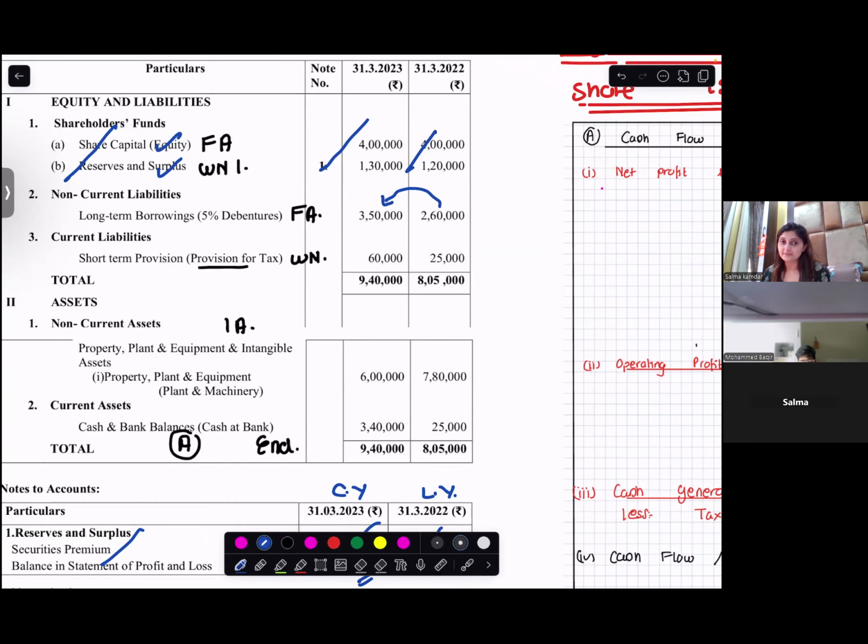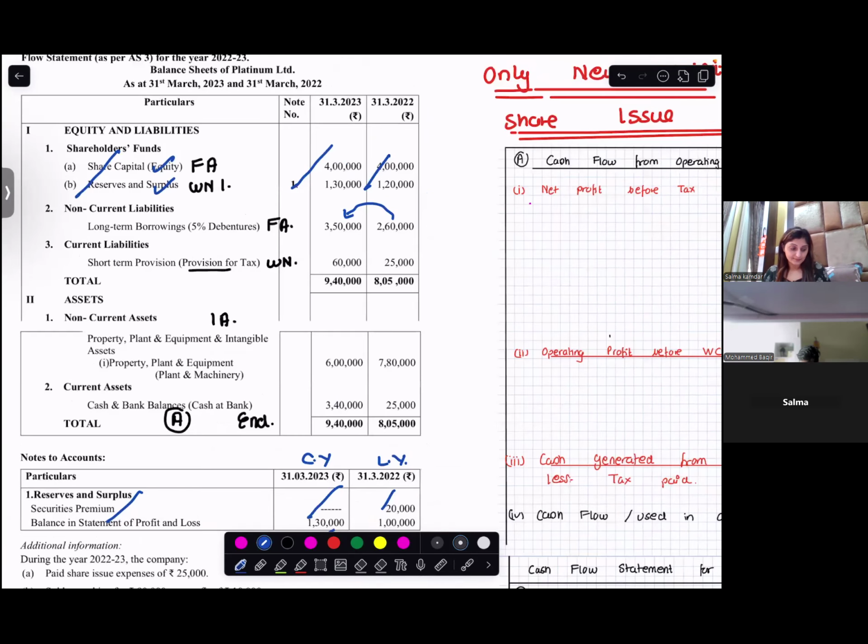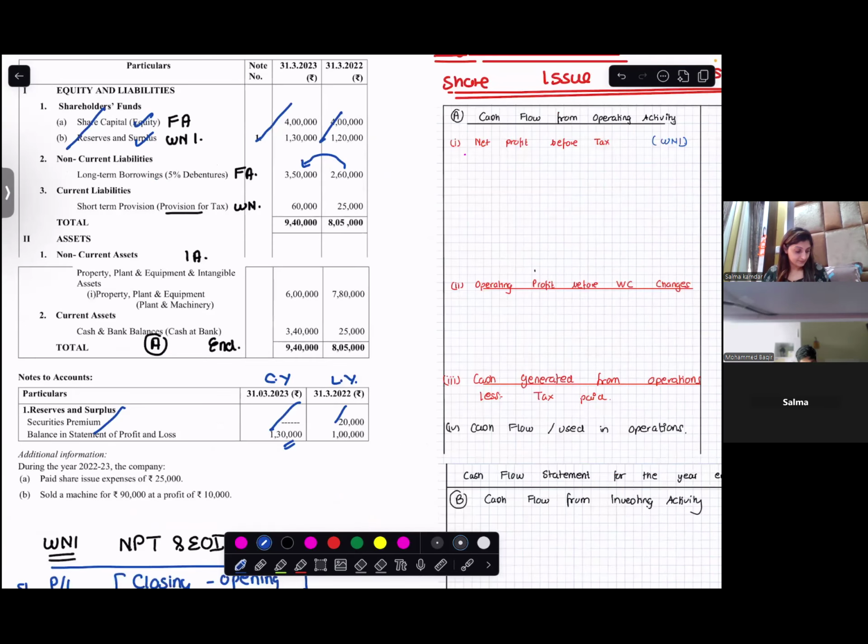What does this mean? I have borrowed money. So from 260 it has become 350,000. That means you have borrowed extra money of how much? 90,000. You do it in your calculator.